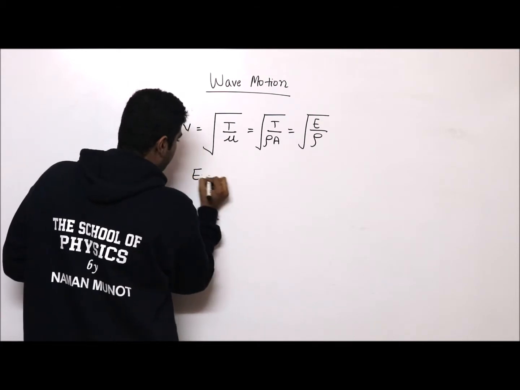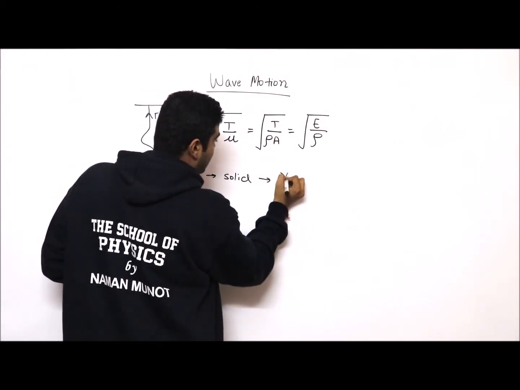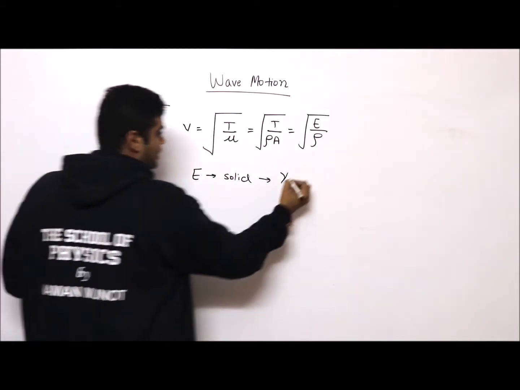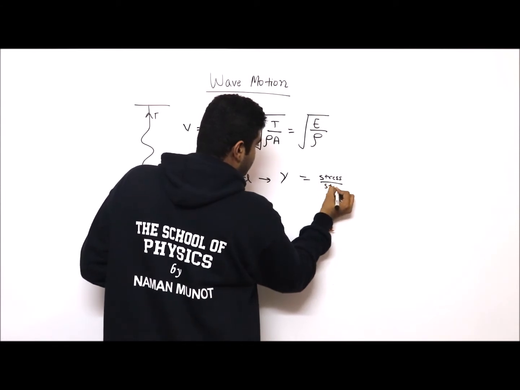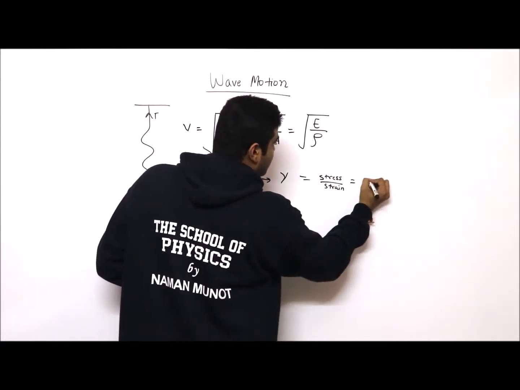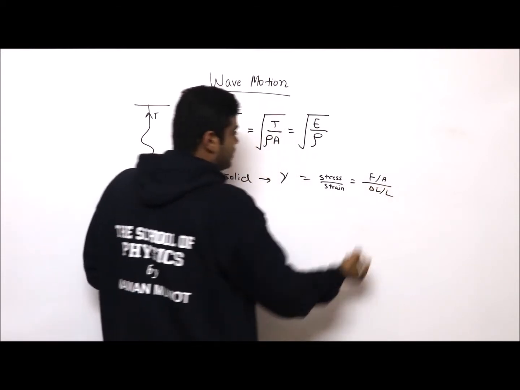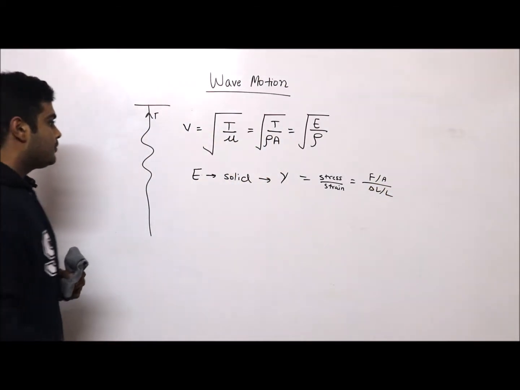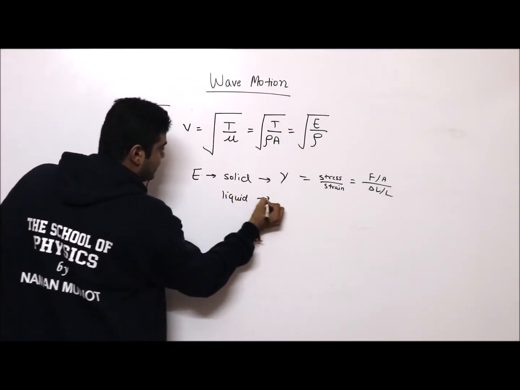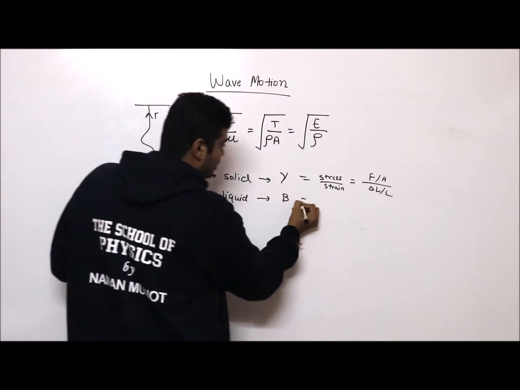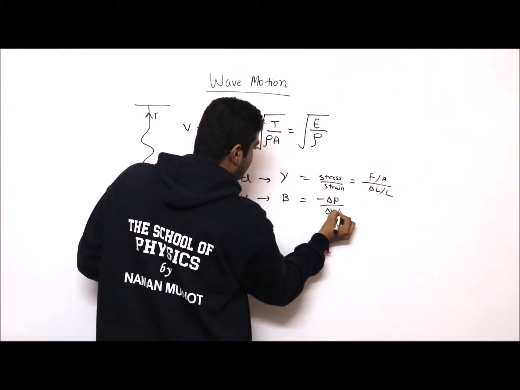Whenever it is a solid, E becomes Young's modulus gamma, that is stress upon strain, which can also be written as F upon A upon delta L upon L. When this is a liquid or a gas, it turns out to be bulk modulus, and as we know the formula, delta P upon delta V by V.